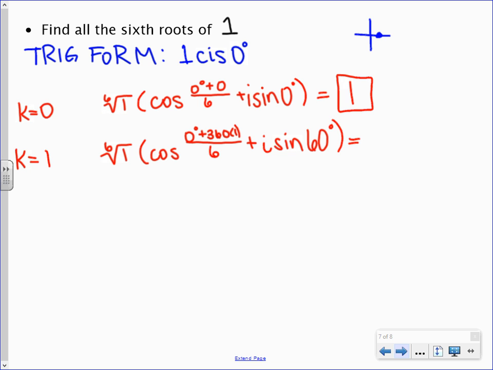So we have 1 times the cosine of 60 plus 1 times the sine of 60i. If you take this number to the 6th power, you'll get 1.